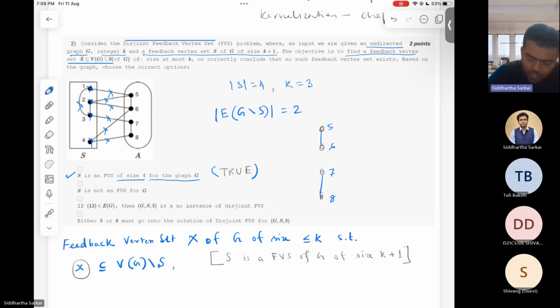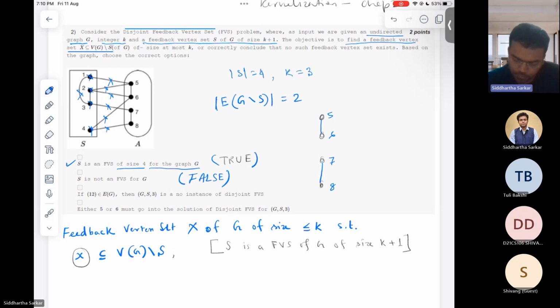So if the first one is true, how can the second one be true? Because I've already concluded that S is in fact an FBS for G. Okay, so these two are related.